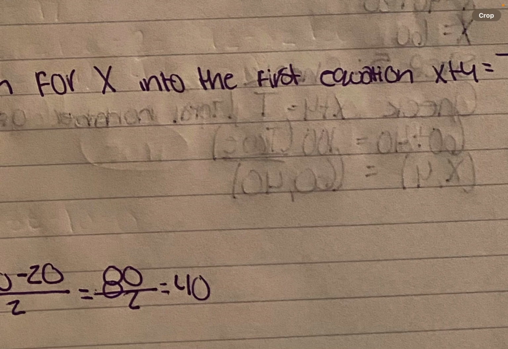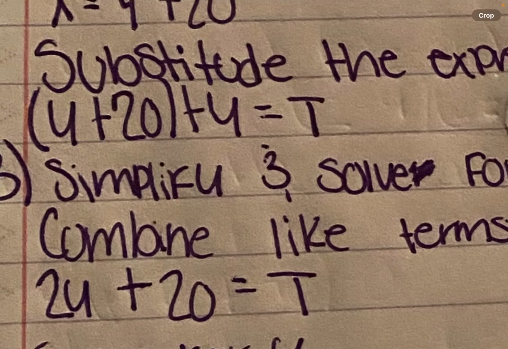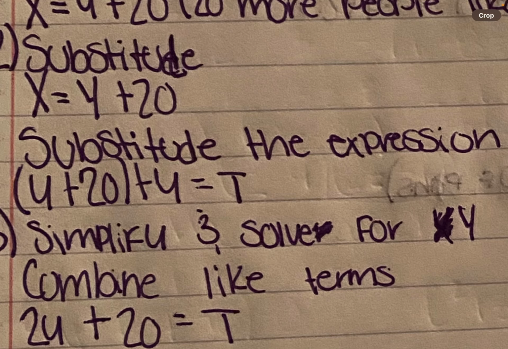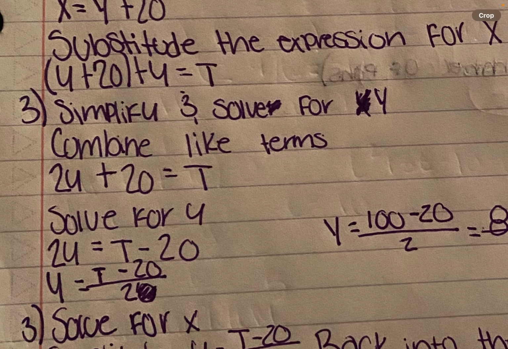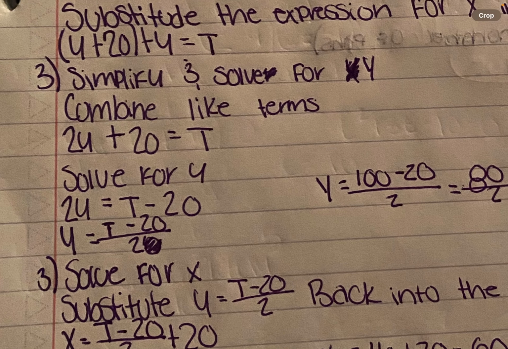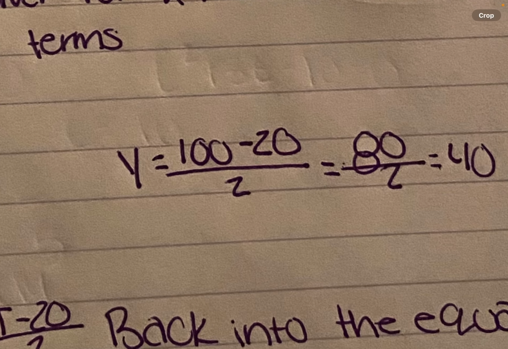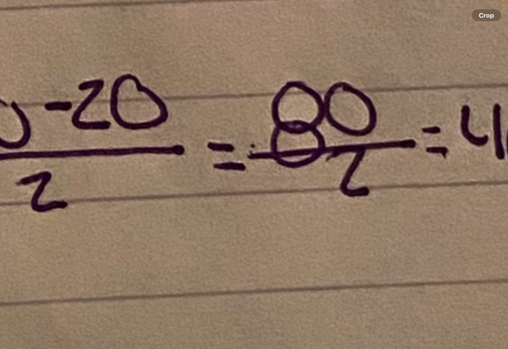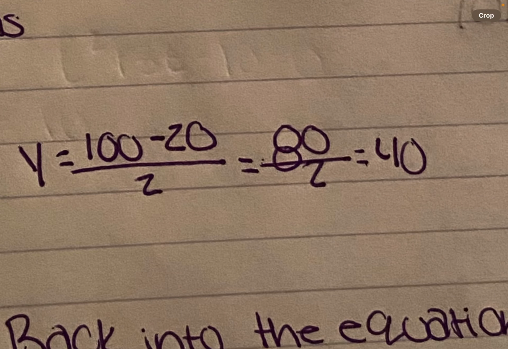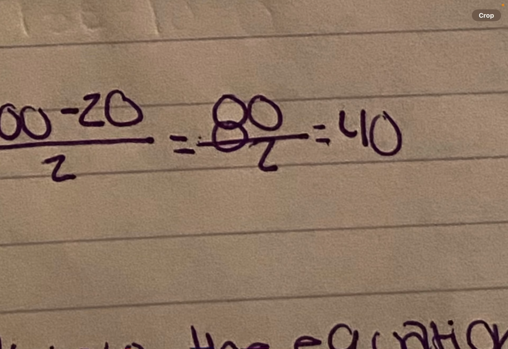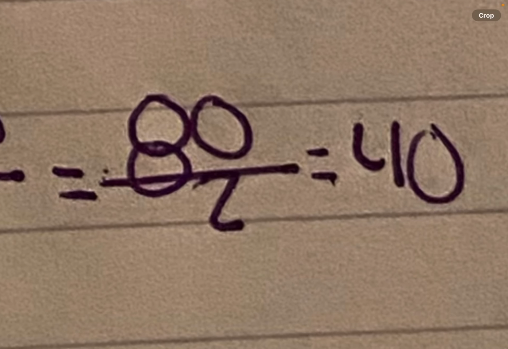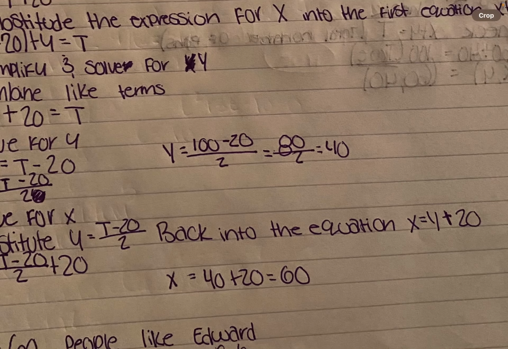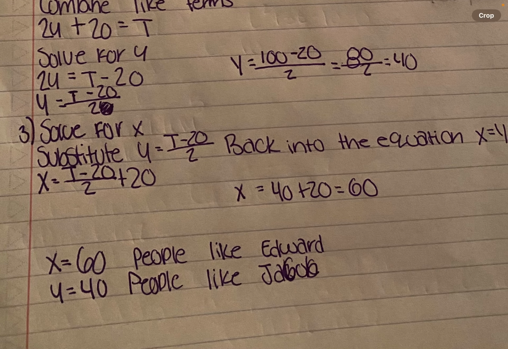So X plus Y equals T. We put Y plus 20 in parentheses, plus Y equals T. Then we simplify and solve for Y, which is 100 minus 20 equals 80. And we divide by 2, which gives us 40.